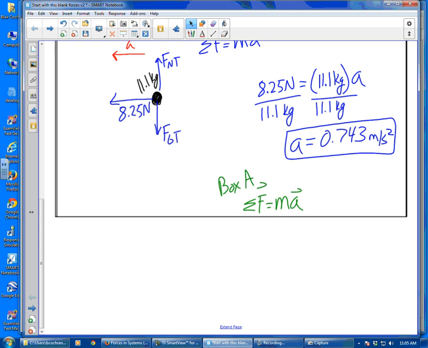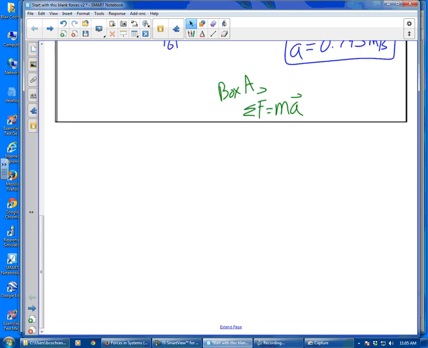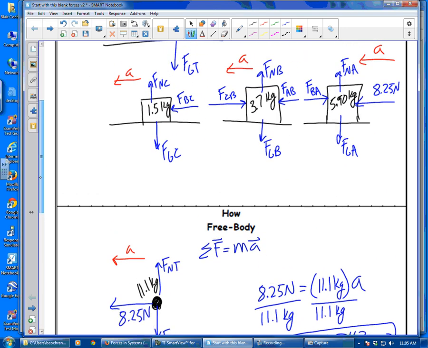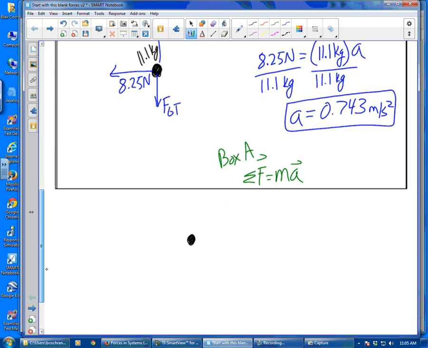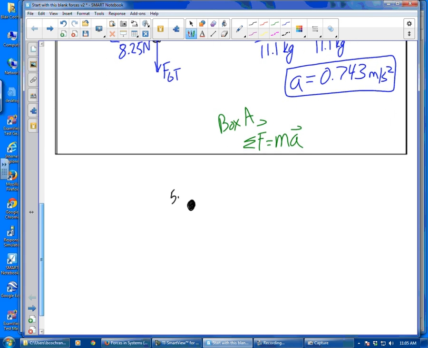Do my free-body diagram to fill in that equation. See my inertia, 5.9 kilograms.